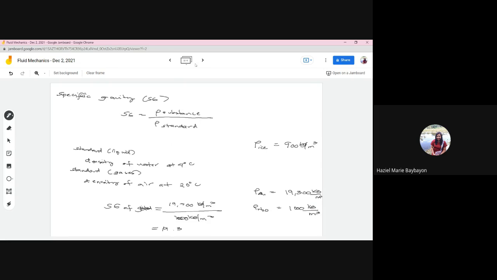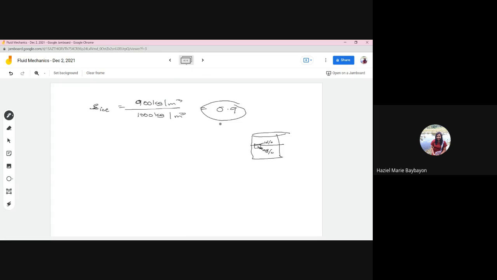Whereas the ice, which has specific gravity lesser than 1, is partially floating in water, wherein 90% is submerged in water and the remaining 10% is just on the surface of the water.